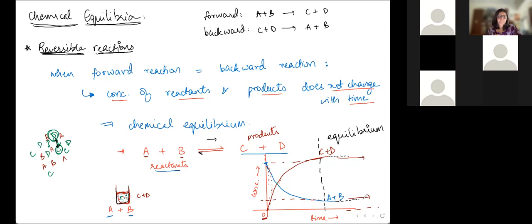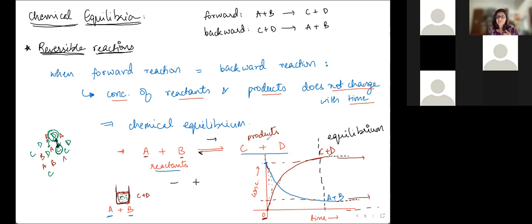So if you pick, let's say, the concentration of reactants, because of the forward reaction the concentration of reactants is decreasing, sure, but because of the backward reaction, the reactants are also being produced. So whatever is decreasing is cancelled out by whatever is being produced.